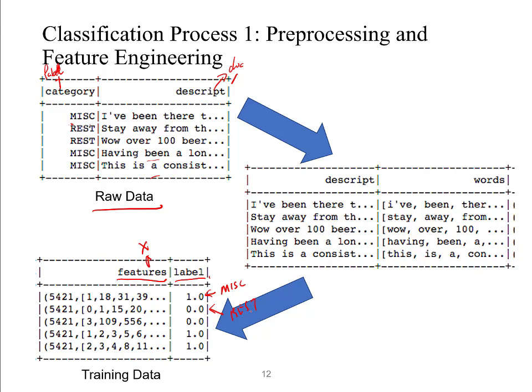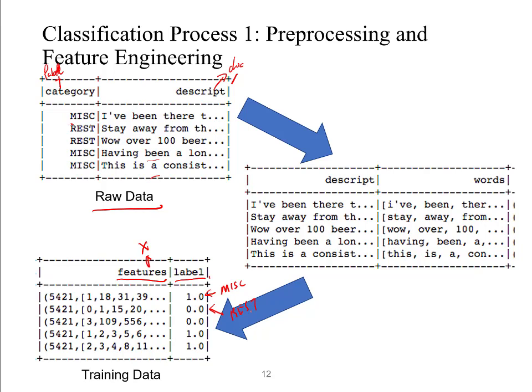So feature engineering actually means that when you generate the feature vector, you need to select which features would be more useful. For example, in this task, we're going to predict the topic of the sentence.